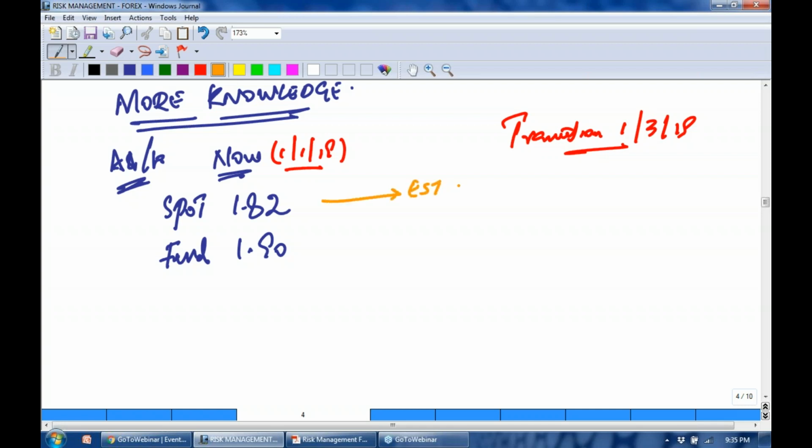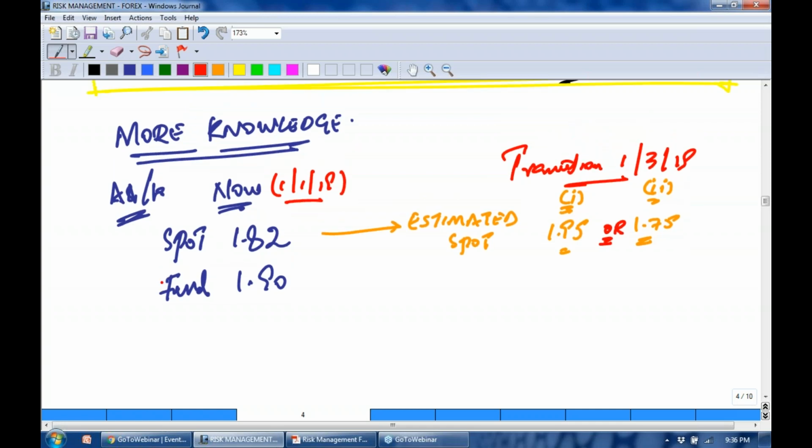If the estimated spot rate increases, and actually it becomes 1.95, that is scenario number 1. Scenario number 2 is what if the rate is 1.75? Two different cases. In either case, we have to work with the forward contract at 1.9.